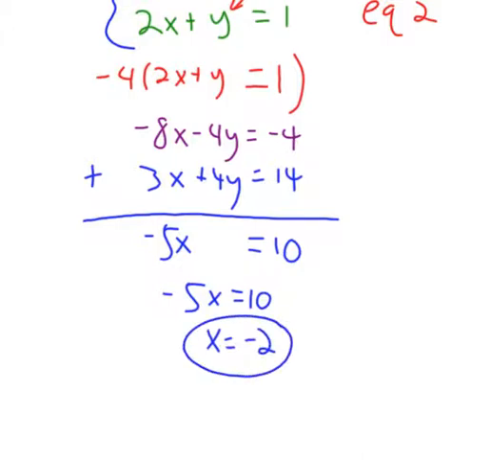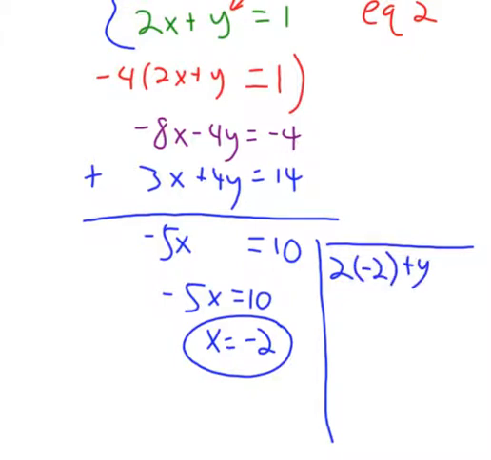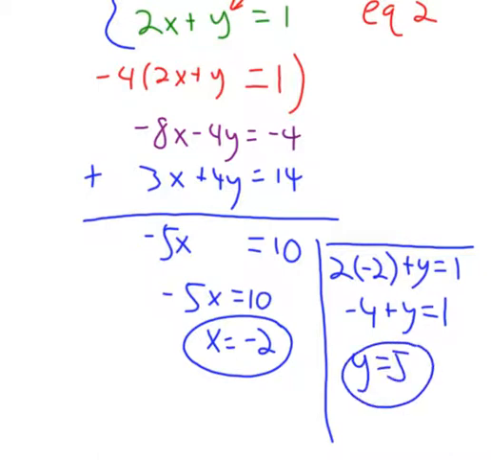Now remember, we're not done. We need to now plug x back into either one of these equations in order to find y. So I'll take equation number 2, and we'll say 2 times negative 2 plus y equals 1. So negative 4 plus y equals 1. We'll add 4 to both sides, and y equals 5. You notice this is actually one of the same examples we did in the substitution video, but we did it with elimination.